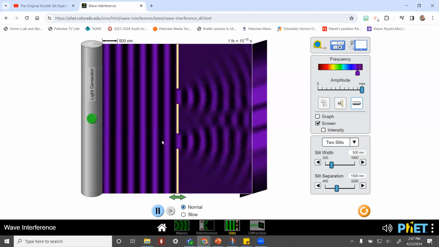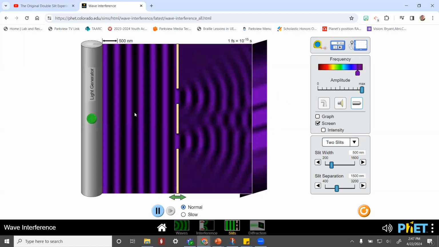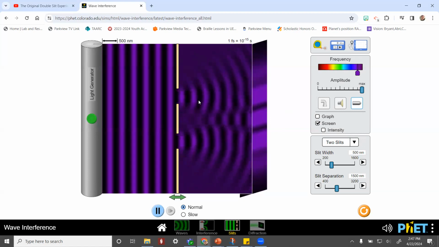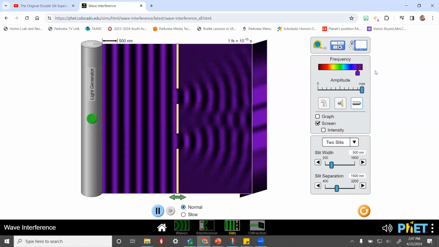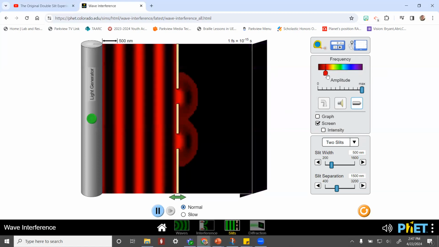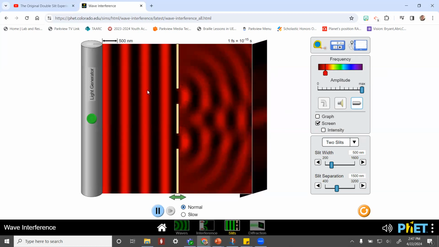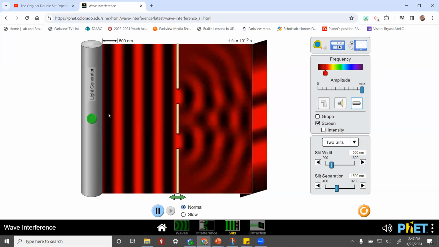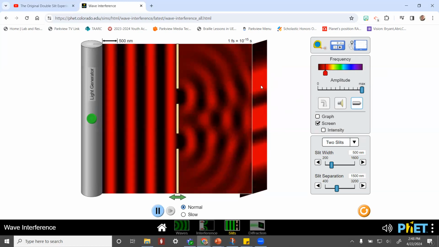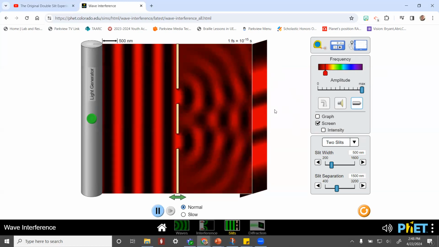And so shorter wavelengths create shorter spots, which also means that higher frequencies create more spots. We go back down to the red. See again, longer wavelength, larger spots, lower frequency, fewer spots.